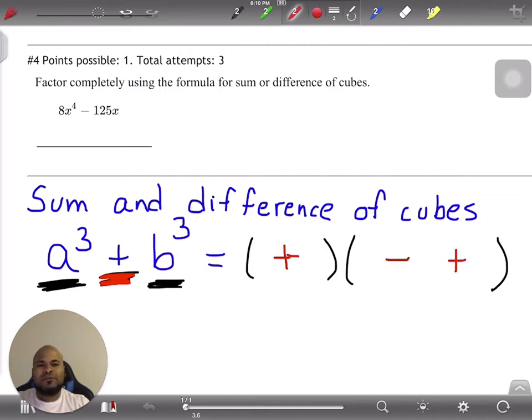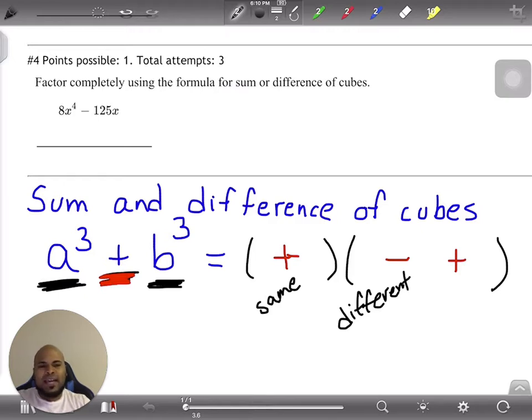So you always have to write down three signs. Please write this down. This first one is the same sign as the original problem. This is the different sign, or the opposite. So same, but different. And the last sign is always positive.